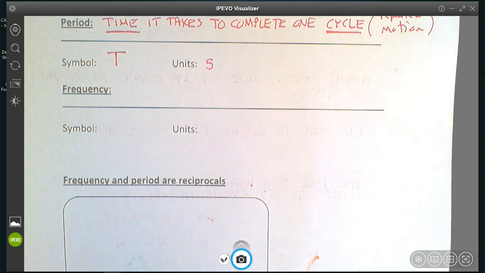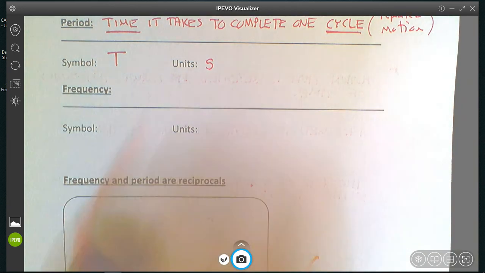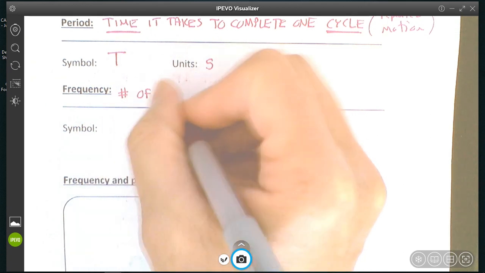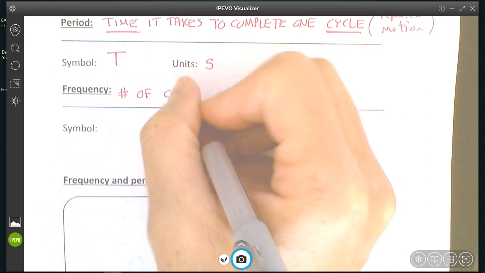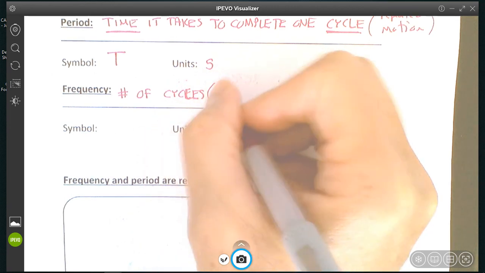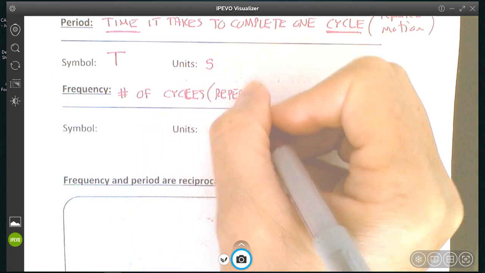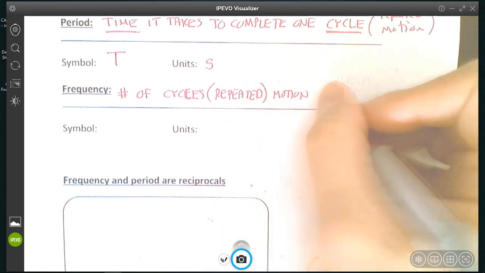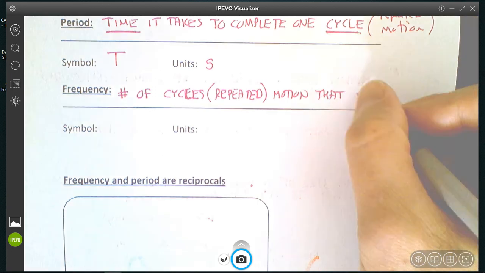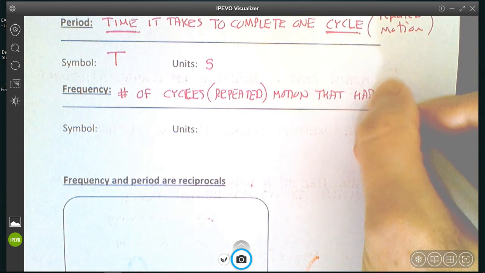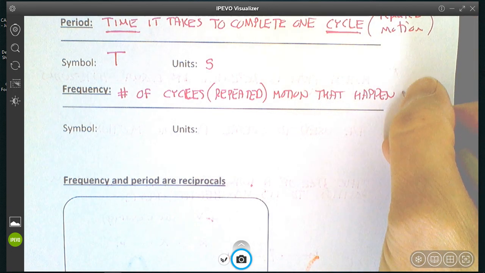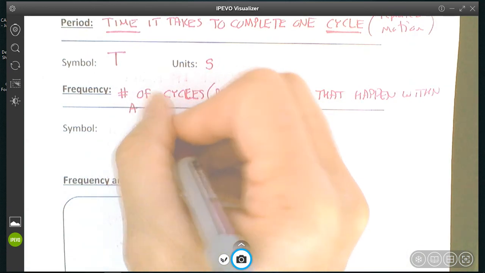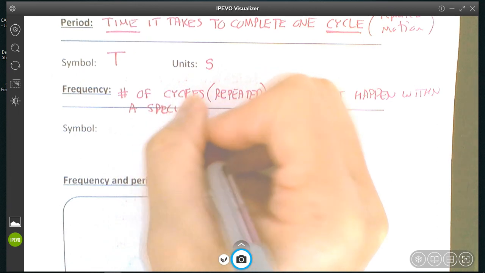Okay, frequency is a little bit different. Frequency is the number of cycles, or what we call repeated motion, that happen within a specific time interval.